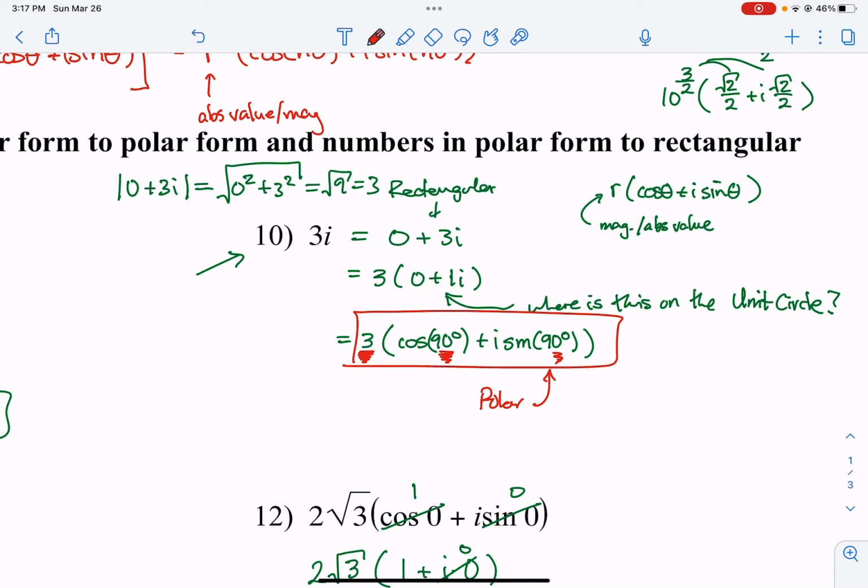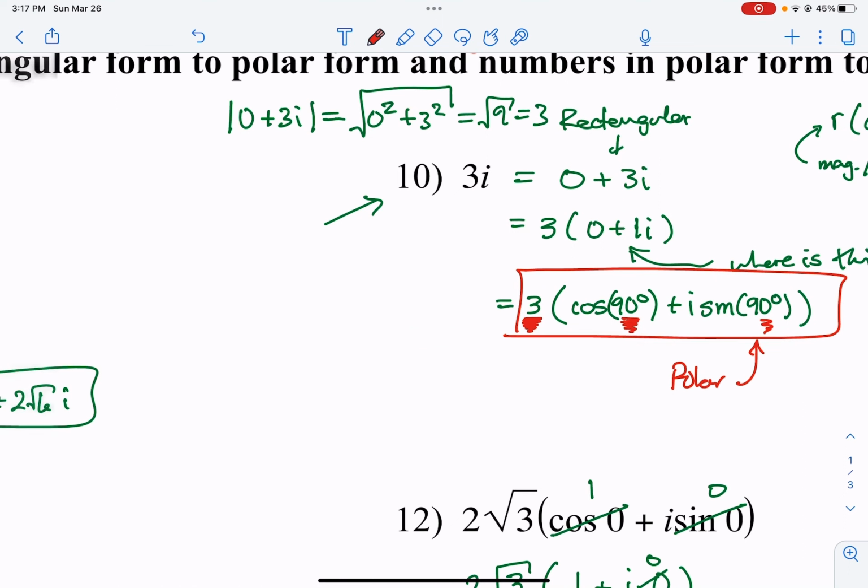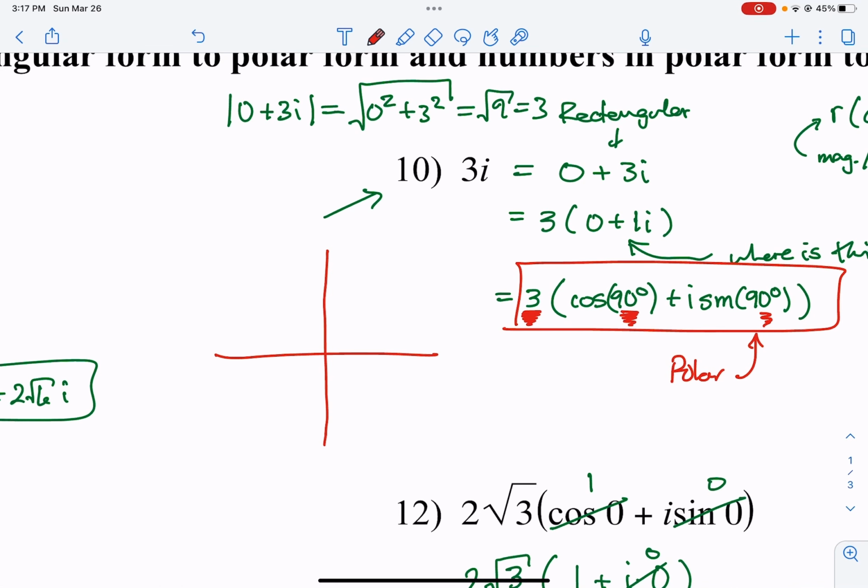And if you really wanted to double check, you could very easily figure out where this complex number is. The complex number is 0 plus 3i. If this is the imaginary axis and this is the real axis, this is where 3i is, and our arrow would be pointing straight up like this.